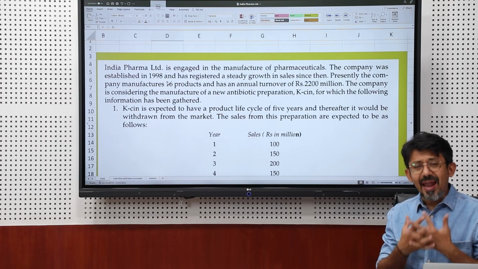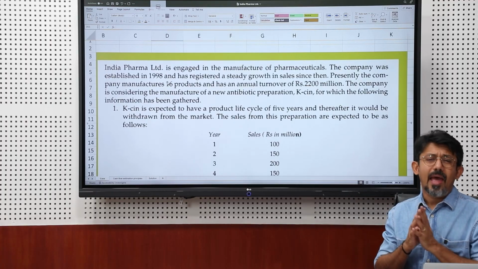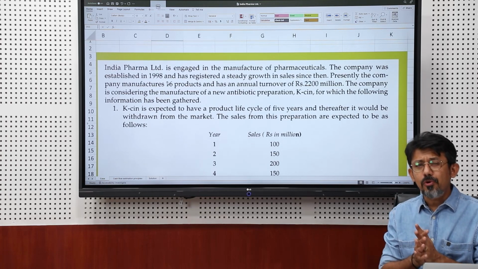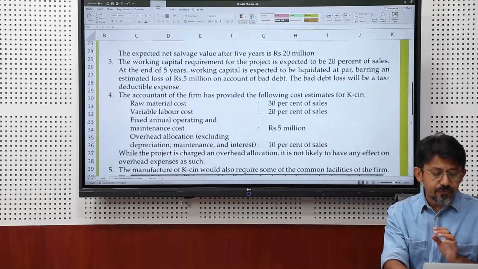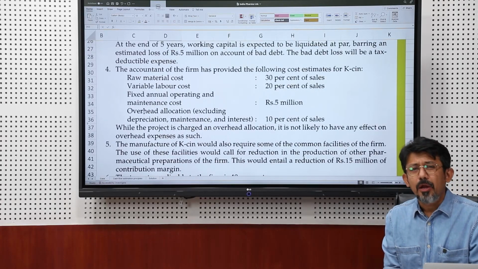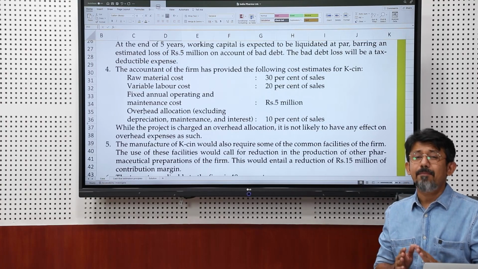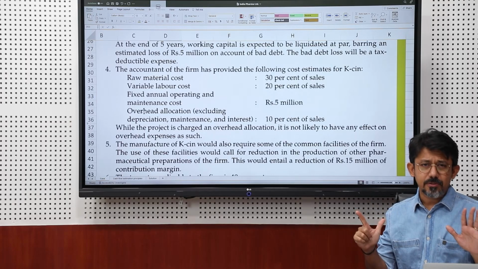However, from a finance point of view, we are not looking at the cost and the income and the profit or loss. What we are trying to look at is cash flow. My question is that if this overhead expenditure is rent, do I pay any bit of extra rent because I am now manufacturing not 16 but 17 products?